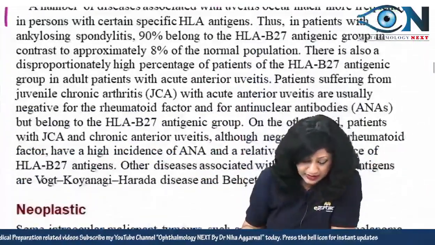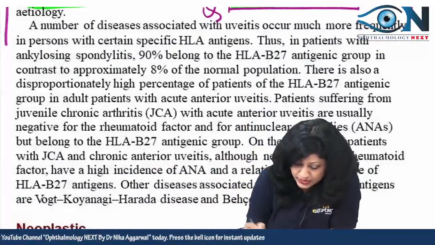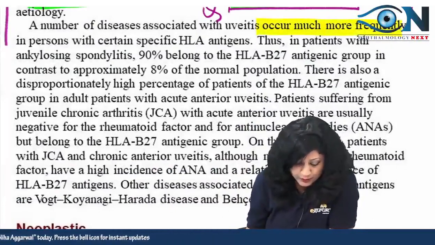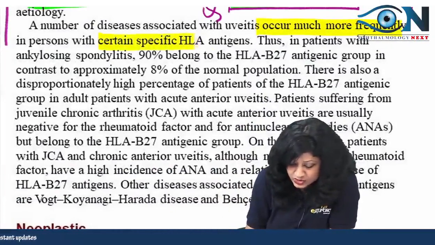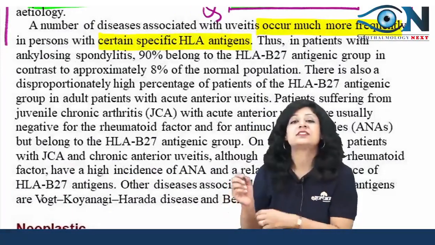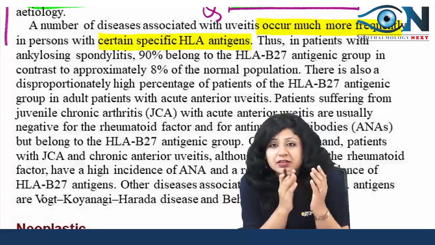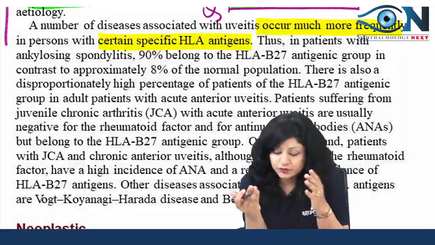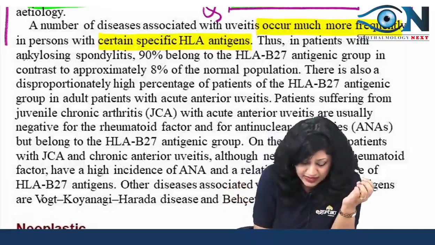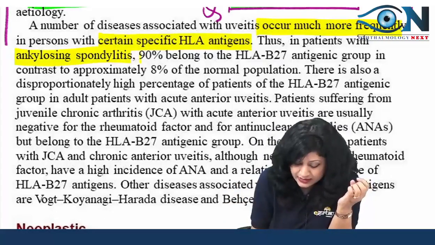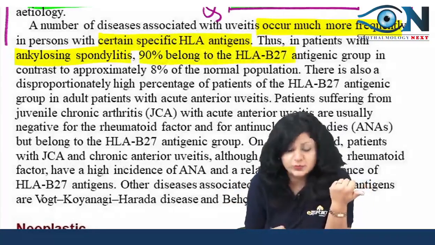Okay, then a number of diseases which are associated with uveitis occur much more frequently in persons with certain HLA antigens. So again, there are certain diseases having HLA compatibility, and certain ones are more commonly involved with uveitis. Thus, in patients with ankylosing spondylitis, 90% of them are HLA-B27 positive.